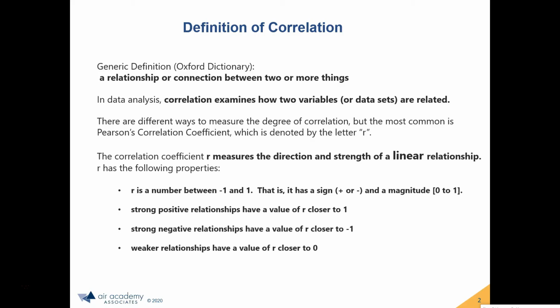A basic definition of correlation that you might see in a dictionary is that of a relationship or a connection between two or more things. In data analysis, correlation examines how two variables or data sets are related. And we hear this all the time, how variables are related. Height and weight are correlated. Height and shoe size are correlated. Gas mileage on a vehicle is correlated to tire pressure.